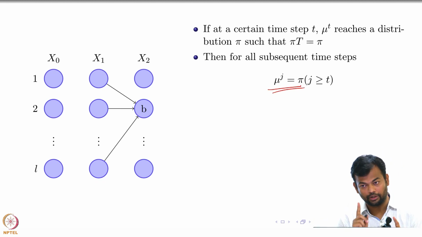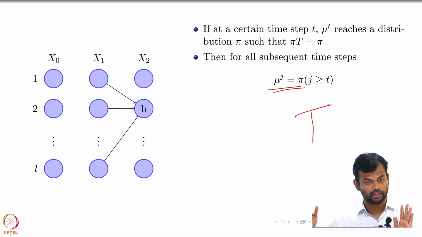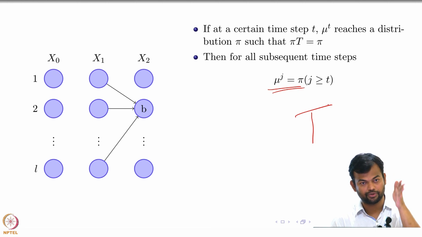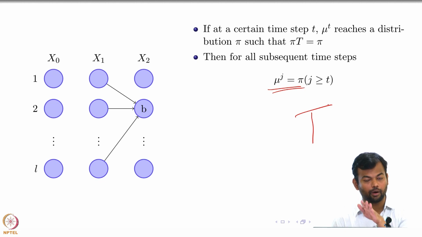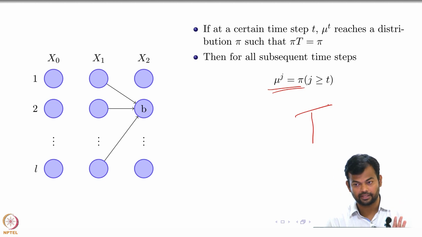So let's put this in context. We had assumed that t was the same across all the time steps. But the mu's were not the same for all the time steps. They were different. We were computing them as mu 0, mu 1, mu 2 and so on. But now we are saying that if at a certain time step the above condition holds, then from that time step onwards, even the mu's become the same, right?